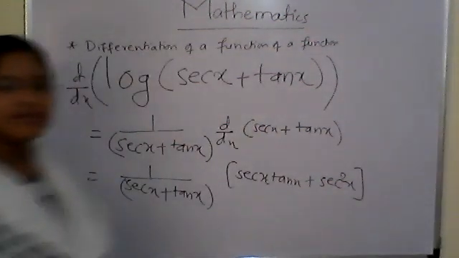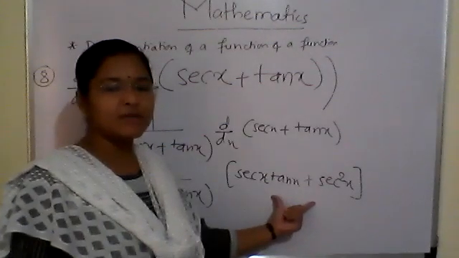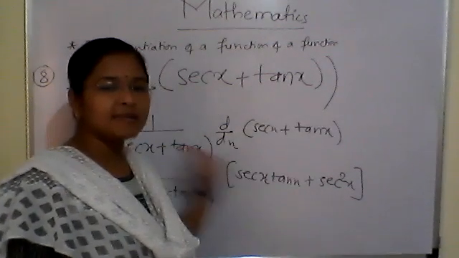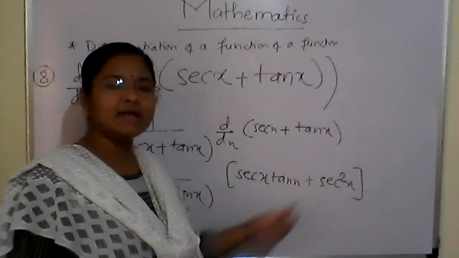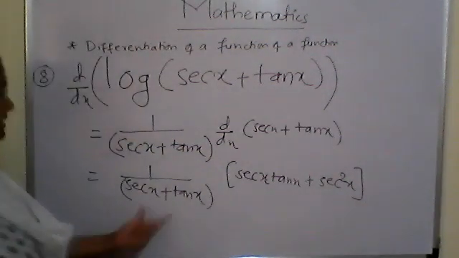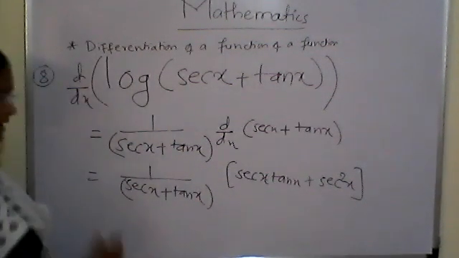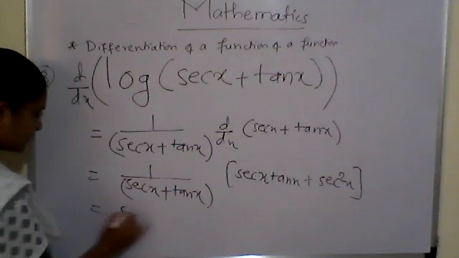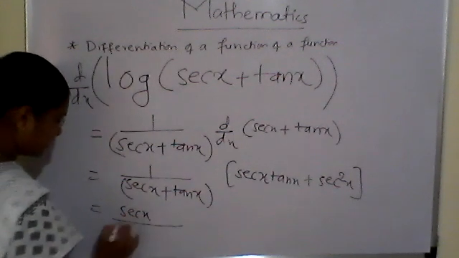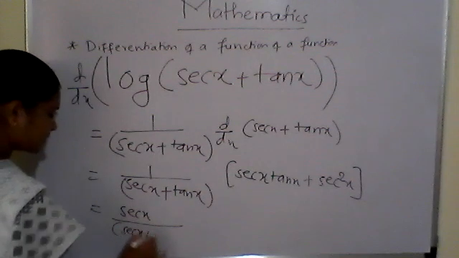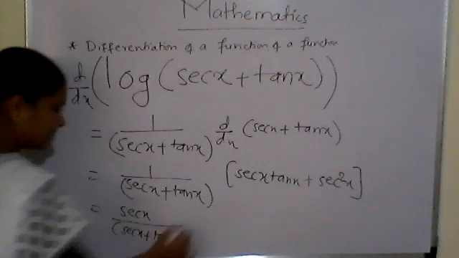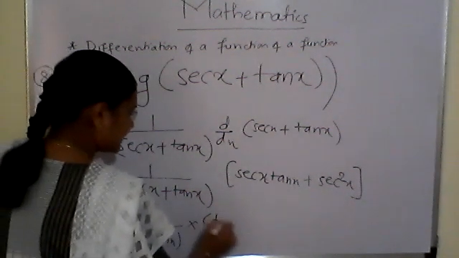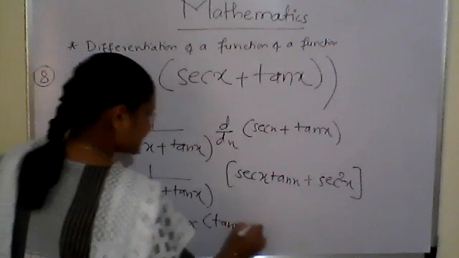Now from both the terms can we take out sec x common? So it will be sec x in bracket, sec x plus tan x will be there, and we can cancel this bracket and this bracket. So in the next step it will be sec x upon sec x plus tan x into, in the bracket, tan x plus sec x.